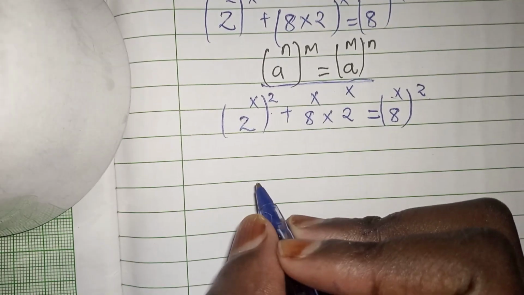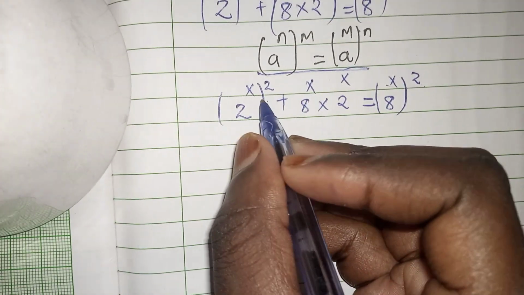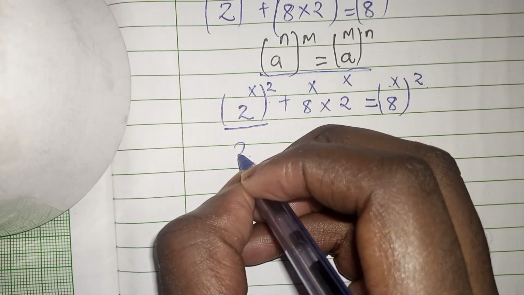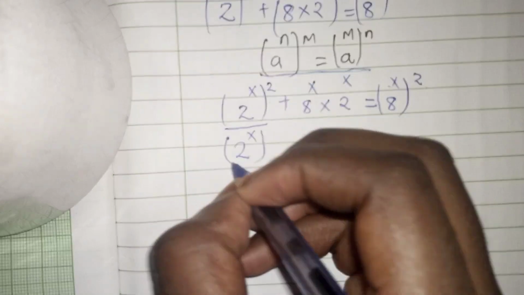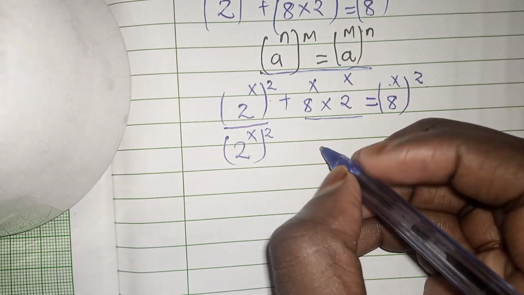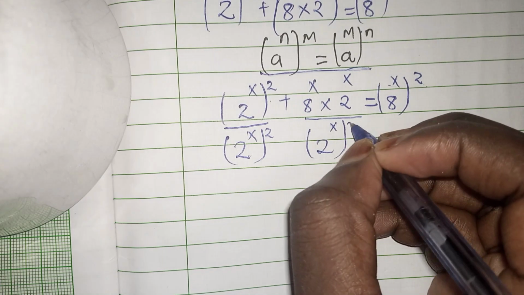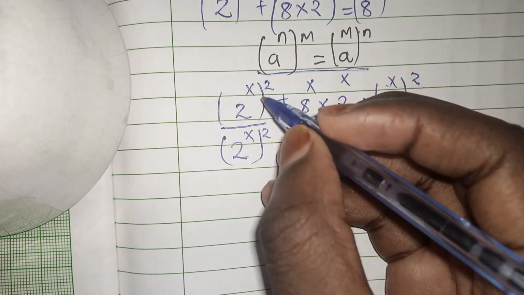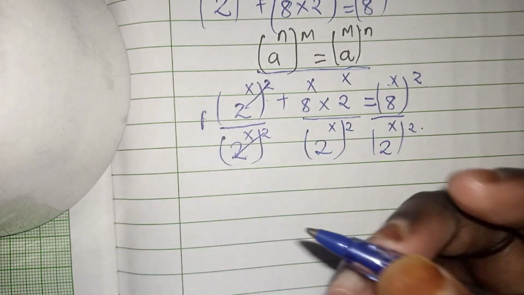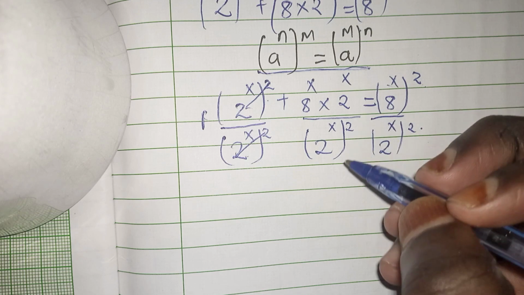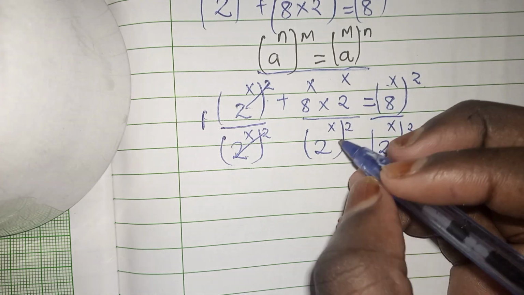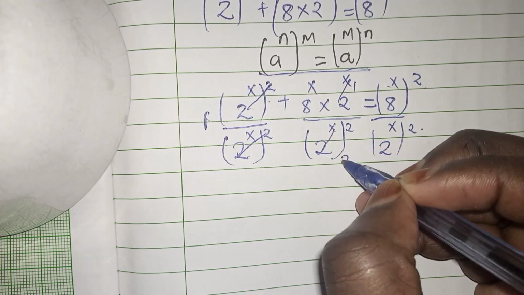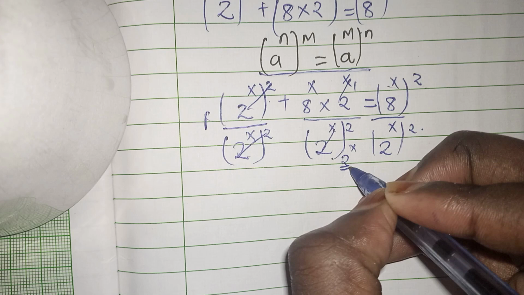Next step, 2 to the power of x squared, I can divide it on both sides. Divide this side by 2 to the power of x squared, and divide this side by 2 to the power of x squared. So this and this will cancel, I'll remain with 1. 2 to the power of x, if I square it, I'm getting this, so I'm remaining with the 2 to the power of x.